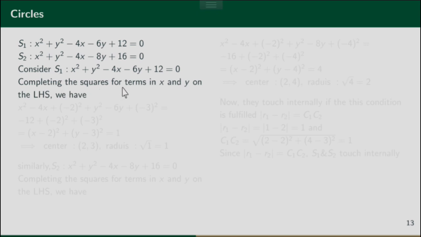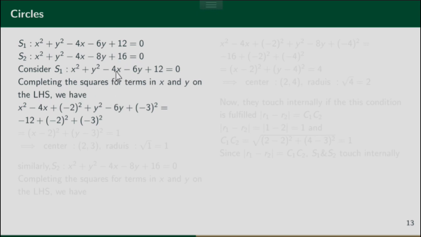Completing the squares for terms in x and terms in y on the left hand side, you need to ensure that the coefficients of x squared and y squared are 1. And in this case, they are all 1. So we move on to the next step, which is taking half of the coefficient of x and the coefficient of y, squaring it and adding it to both sides.